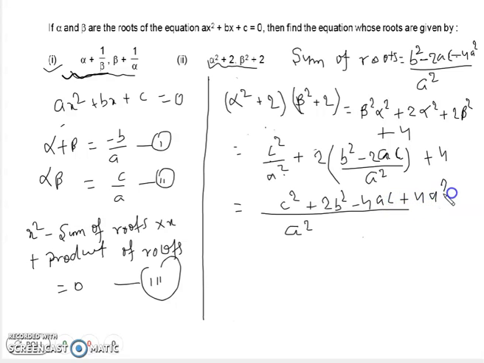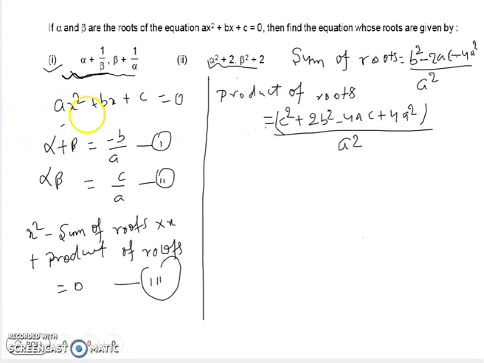So it is the product of roots, guys. So now we can use the values of sum of roots and the product of roots, put them in equation third, and you will get the value, guys, right?